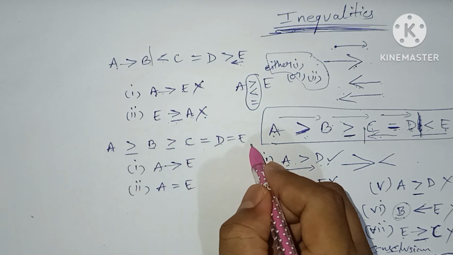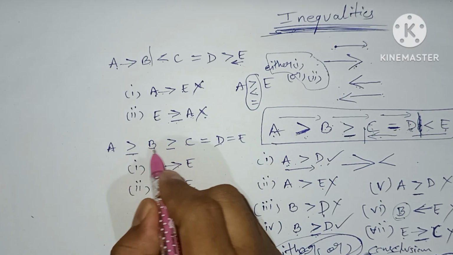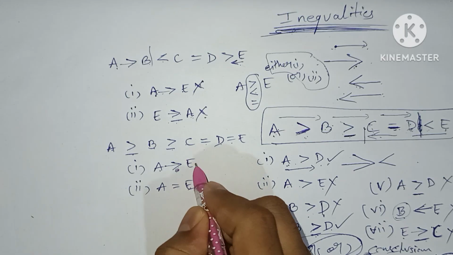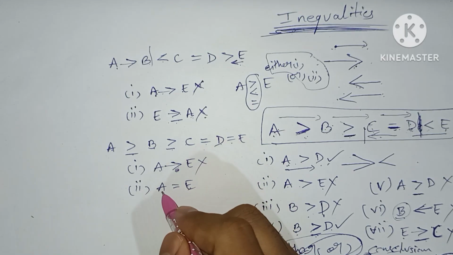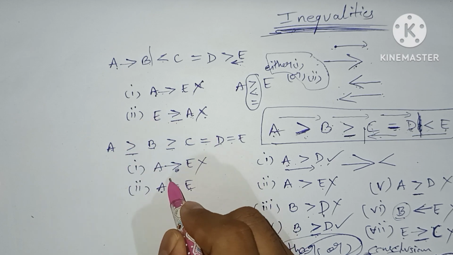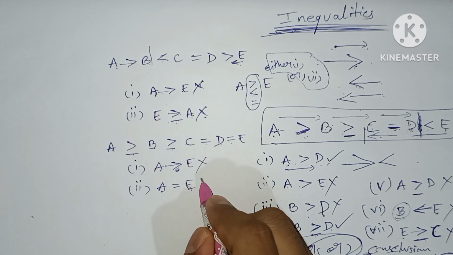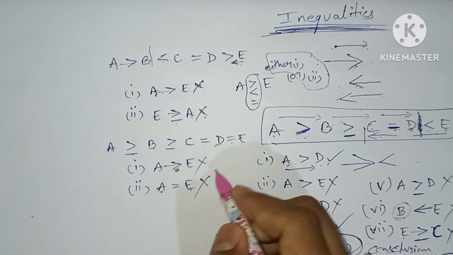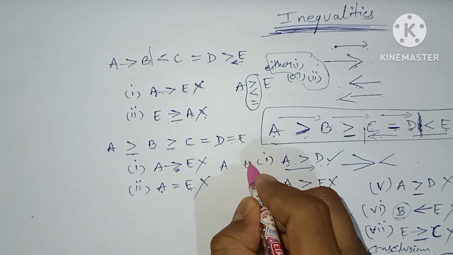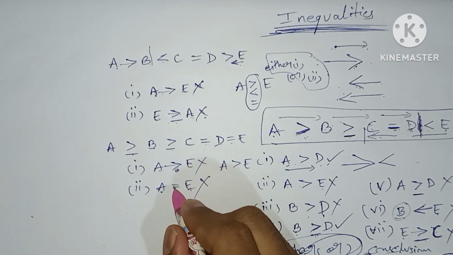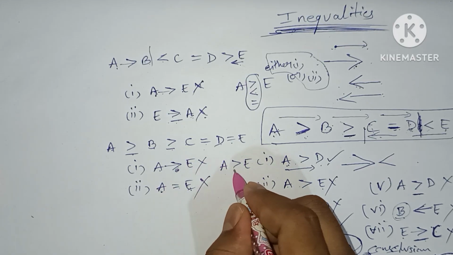All the cases are possible, but there is a missing equal to in this statement, so individually this case fails. A directly equals e, here the flow is missing, so individually this case also fails. But combining these two symbols, what we have is the flow from a to e with equal to also.